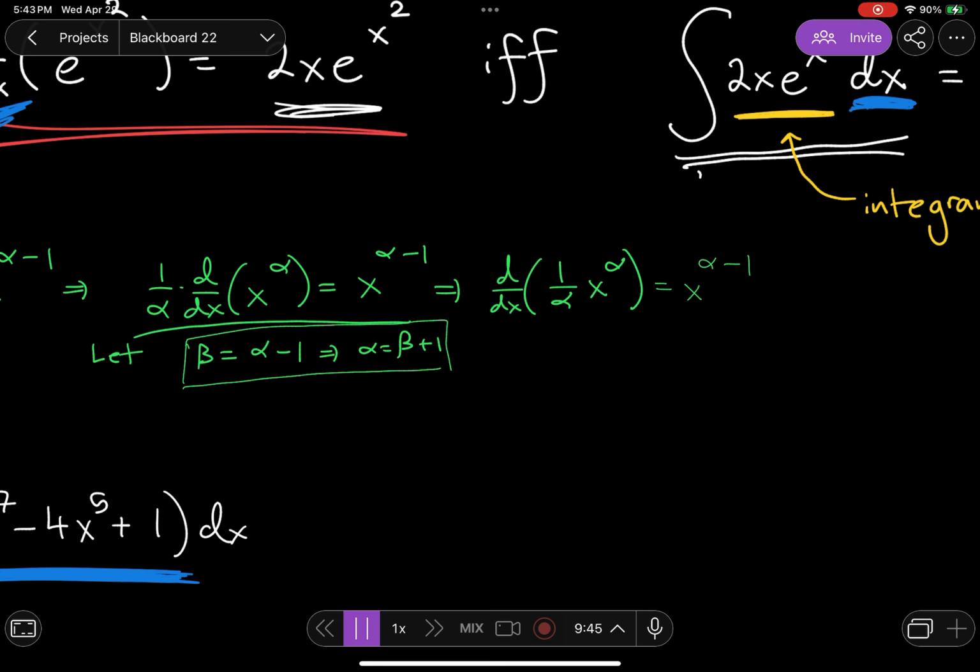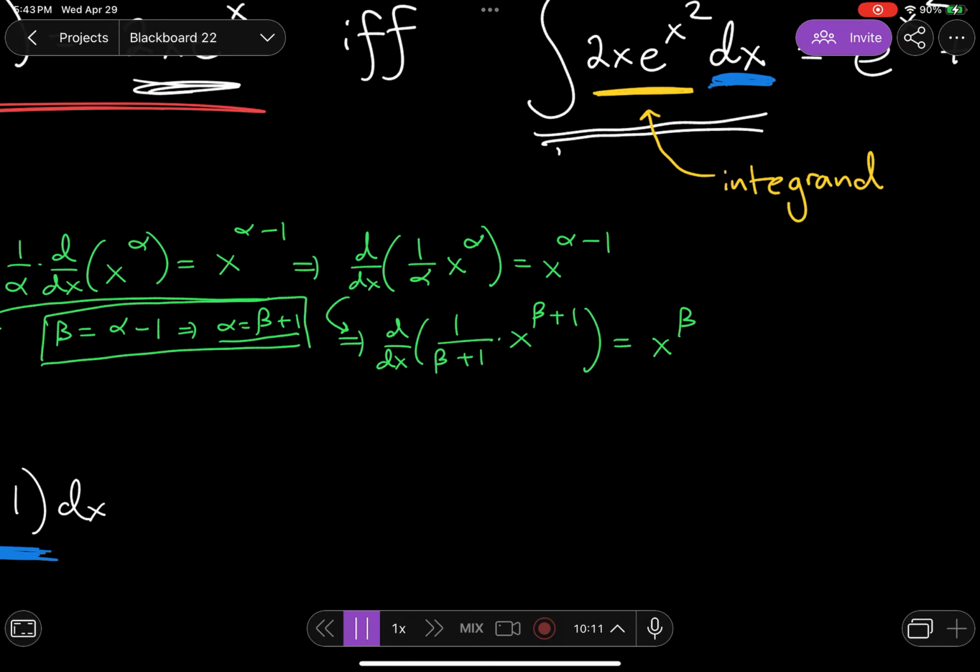This implies that the derivative with respect to x of 1 over beta plus 1, times x to the beta plus 1, is equal to x to the beta.